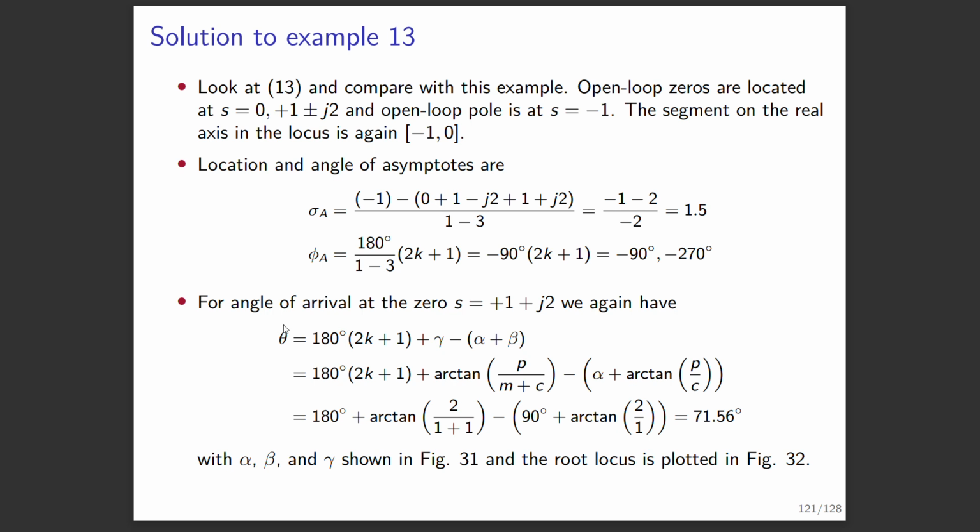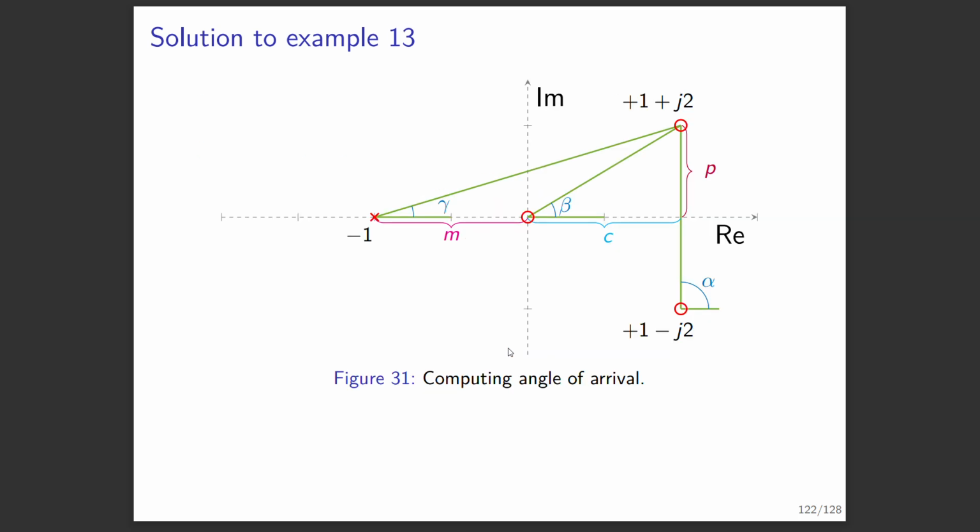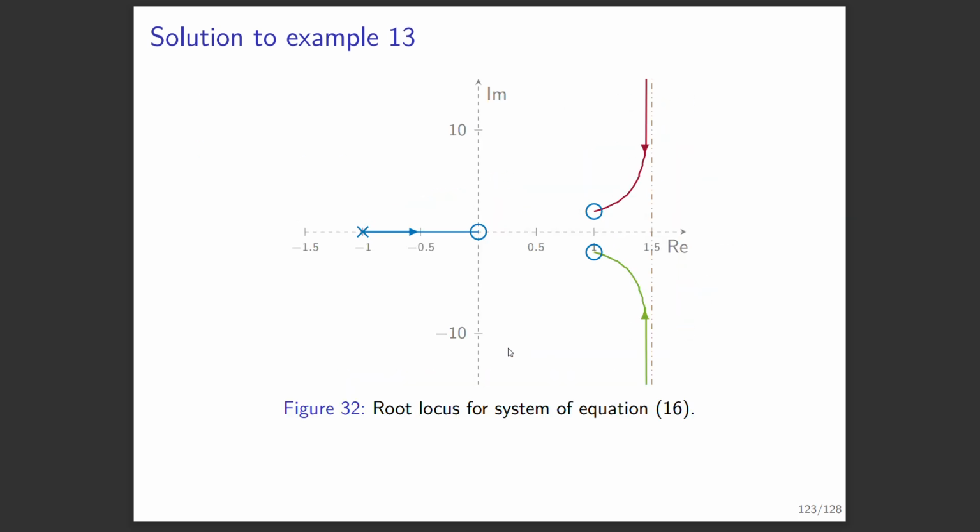And when I want to find the angle of arrival at the 0, remember I add the angle that it makes with poles, and I subtract the angle that it makes with zeros. So I found the angle of arrival to this 0. But the rest of it is very similar.